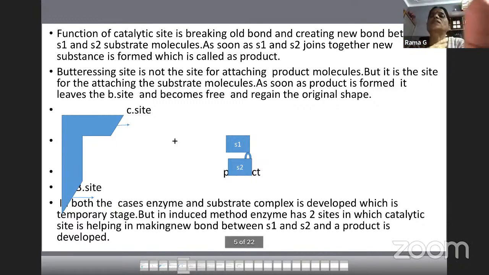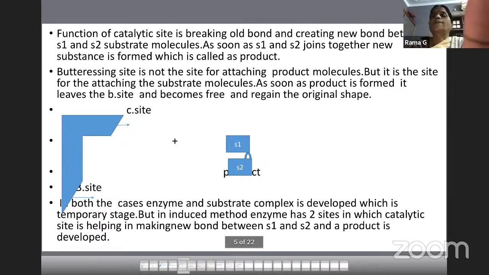So the buttressing site is not the site for end products. It is only the site for attaching the substrate molecules. As soon as the product is formed, it leaves the buttressing site and comes out free, and the enzyme again regains its original shape.